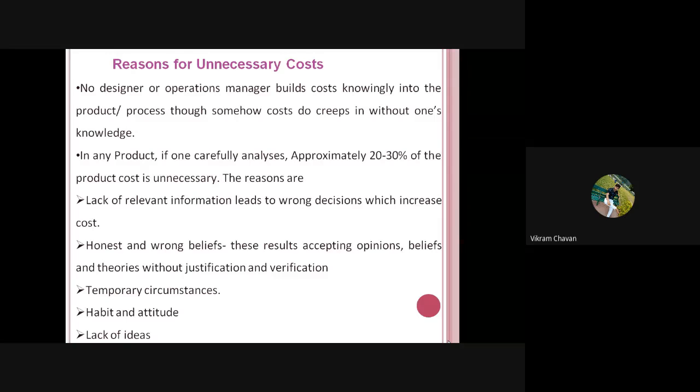Then temporary circumstances: machine failure, machine breakdown, faulty raw material or defects in the products. If there is any problem, then for a temporary purpose other processes are used to produce that particular product, and that adds extra cost.